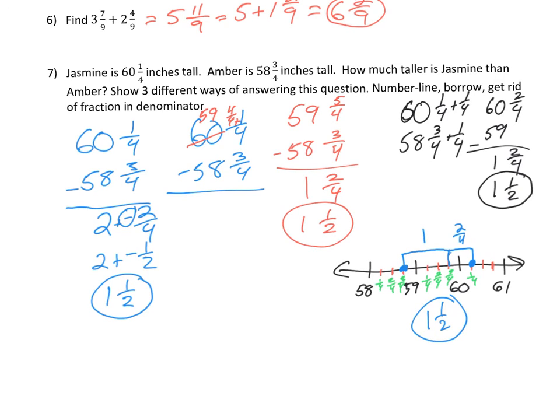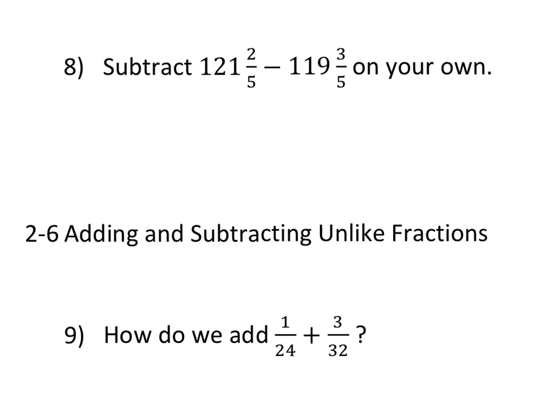So I've given you 4 different ways of finding the difference between two numbers that are not always that easy to find here. And so you can choose which of those you want to use. So find at least one of those methods, and if you would like, try out a few of those methods, or try them all out and see how many of those methods you can do to subtract 121 and 2/5 minus 119 and 3/5.